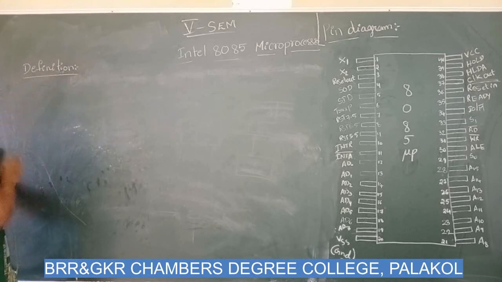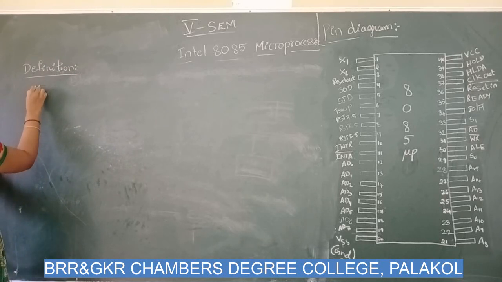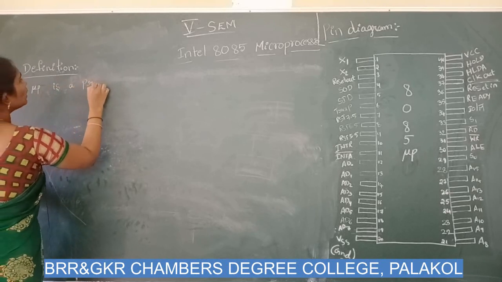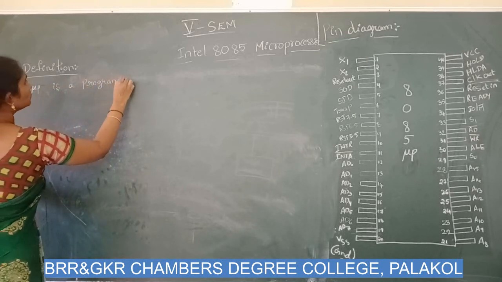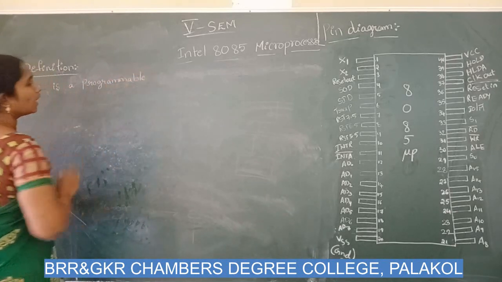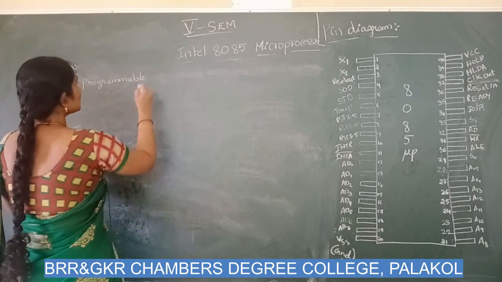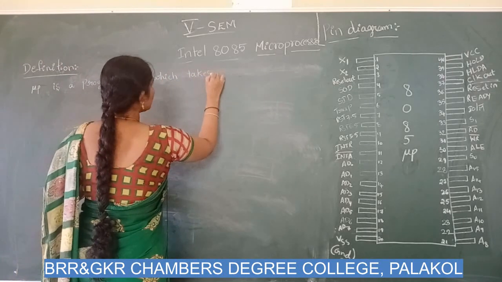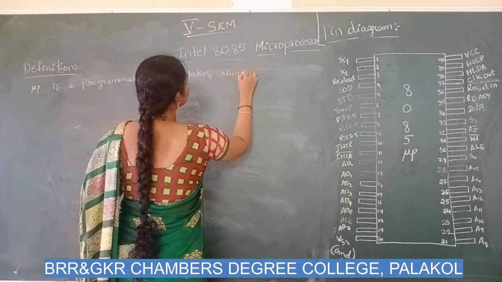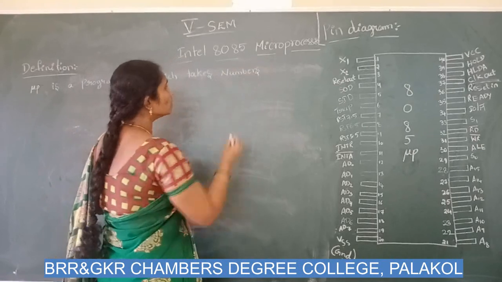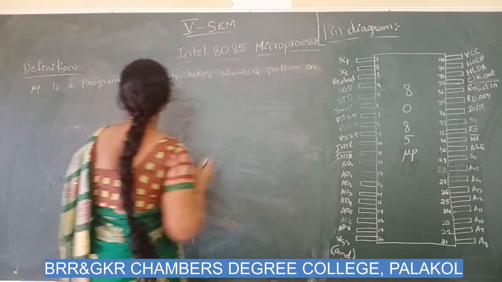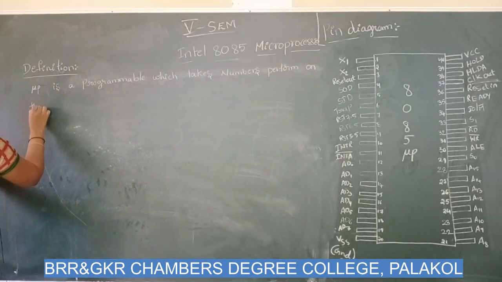Here is the definition of a microprocessor. A microprocessor, in shortcut I write it as UP, is a programmable device which takes numbers and performs operations on them.